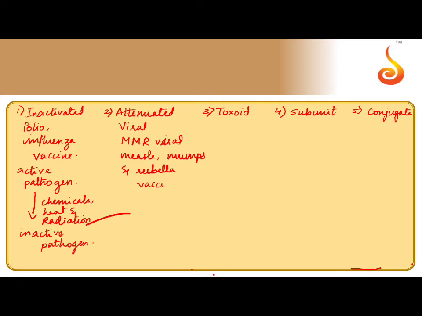Here again, what we are doing is we weaken the viruses. The way they are being cultured itself makes them weak. But in certain cases, we also have bacterial vaccines in here, such as tuberculosis vaccine. These are certain examples under attenuated vaccines.